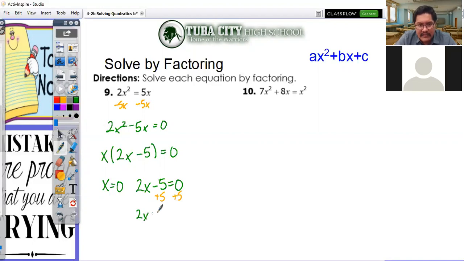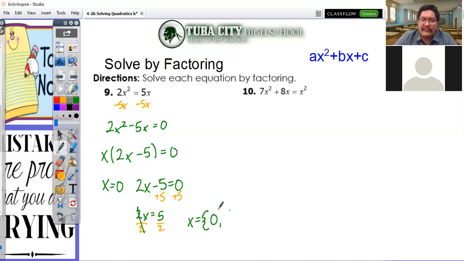So 2x equals, add 5 to both sides, and we get 5 over, well, I'm going to have to divide both sides by 2 because I still got to get this 2 out of here. So x equals 0, because 0 is the lower of the two numbers, and the higher is 5 over 2, which is 5 divided by 2.